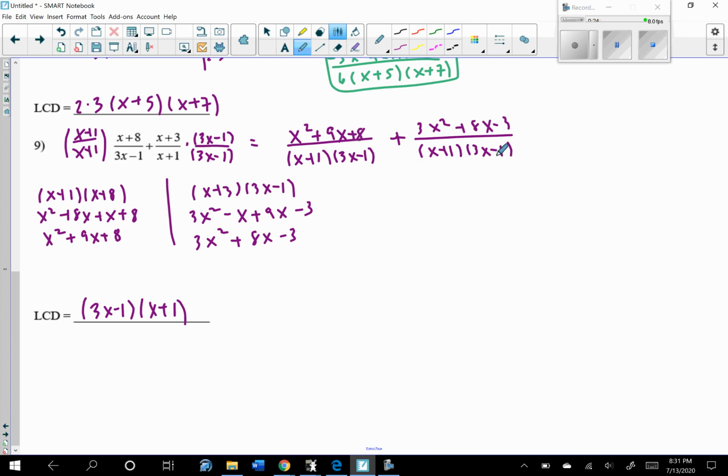Now I can see I have my common denominator, so I can combine my numerator over my common denominator. 3x squared and x squared are like terms, so that becomes 4x squared. 8x and 9x are like terms, so plus 17x. 3 and 8 are like terms, so that's plus 5 over x plus 1 times 3x minus 1.